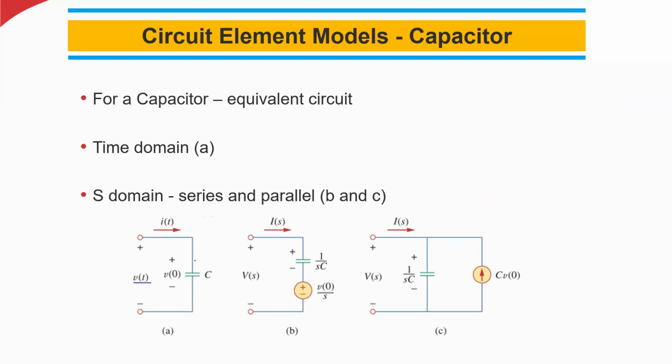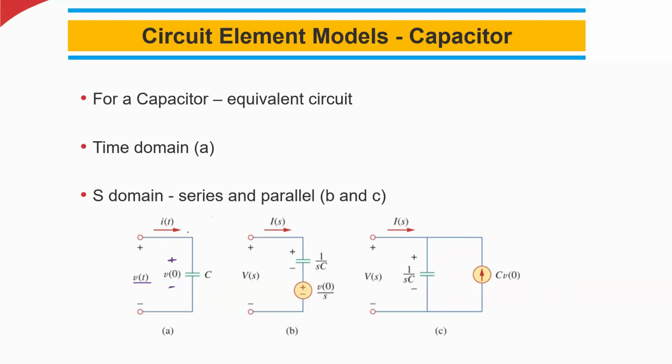Because of this current flow, we have the voltage drop or voltage stored in this capacitor. Before this current flows, is there any voltage already existing in this capacitor? That is represented by V(0). The polarity is the same as the supply voltage, but in the inductor, plus will be here, minus will be here, opposite polarity.